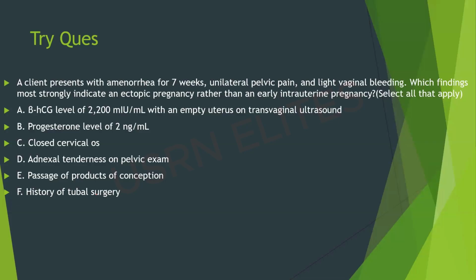Once there is a viable pregnancy, the corpus luteum will continue to produce progesterone to maintain the endometrium. But once it's not there and you are seeing low levels of it, it tells you that there's something else, which can be ectopic pregnancy and not early pregnancy. Do you understand? Yes, boss. Okay.